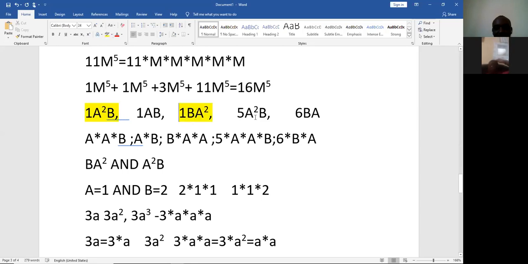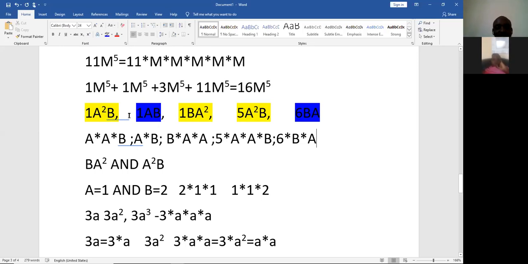And the ones that I'm going to shade in a bluish color are also like terms: 1AB and 6BA, they are the same. So 6BA and 1AB are the same because AB and BA have no difference.